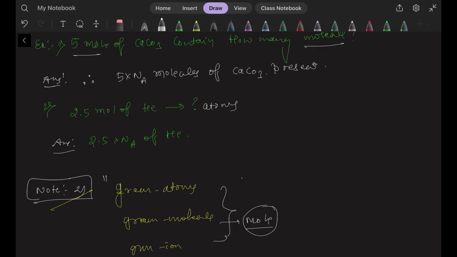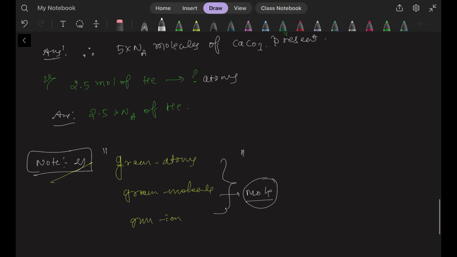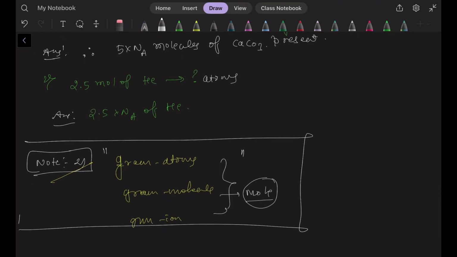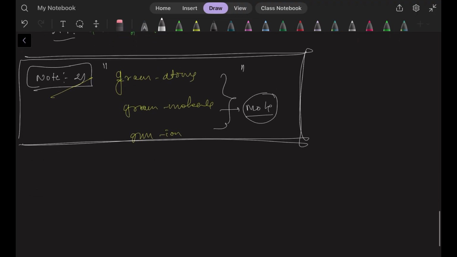Never ever skip this one. This is the most important point of your first chapter: gram atom, gram molecule and gram ion. The meaning of this is mole.